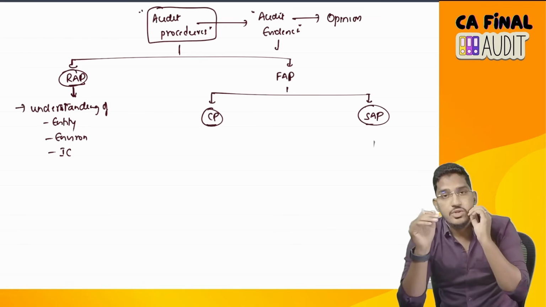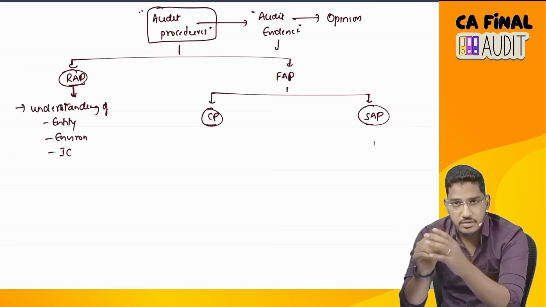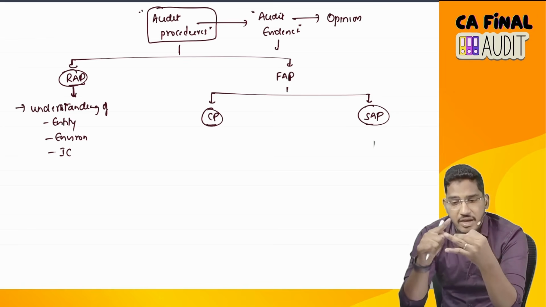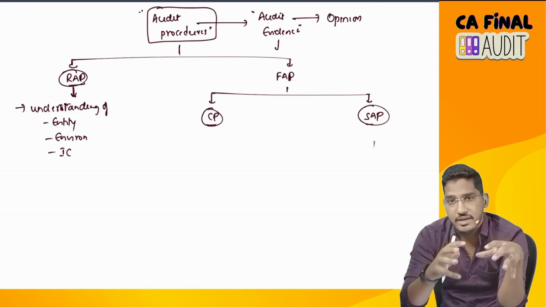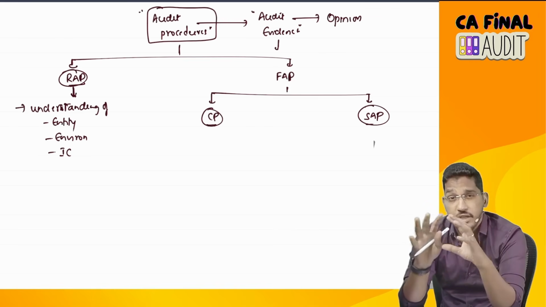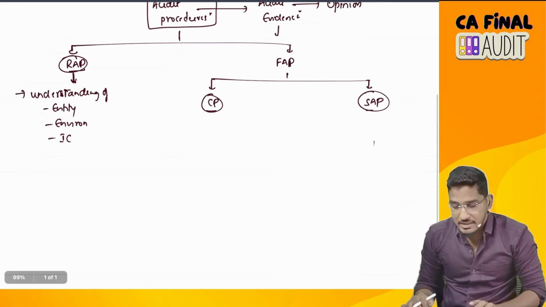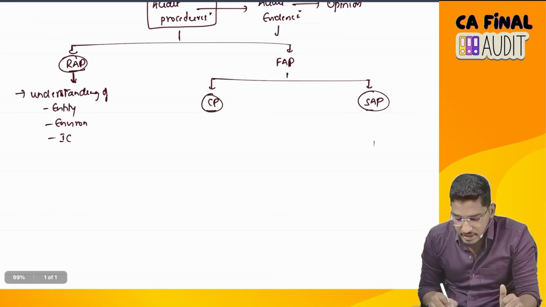So what entity my client is, to which environment and industry it belongs, what kind of internal controls are there in my organization. So first we need to obtain an understanding of the entity, environment, and its internal control.